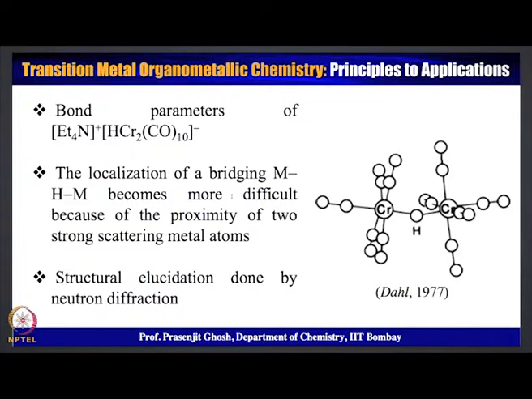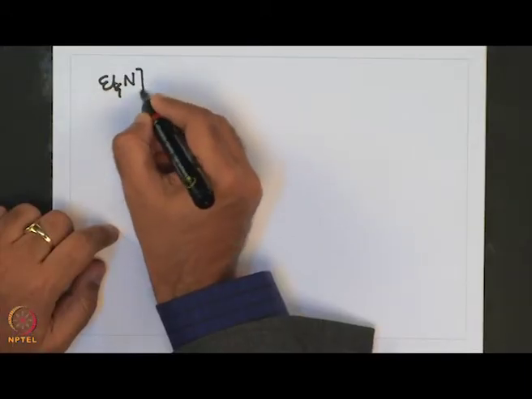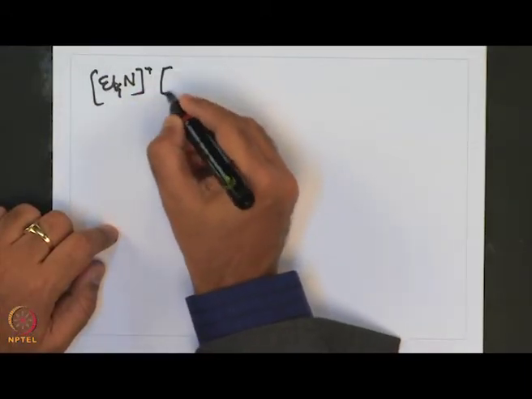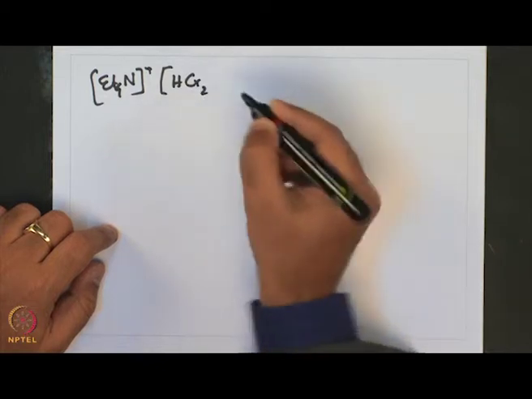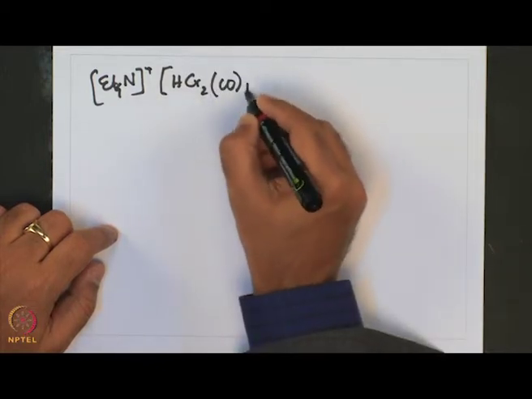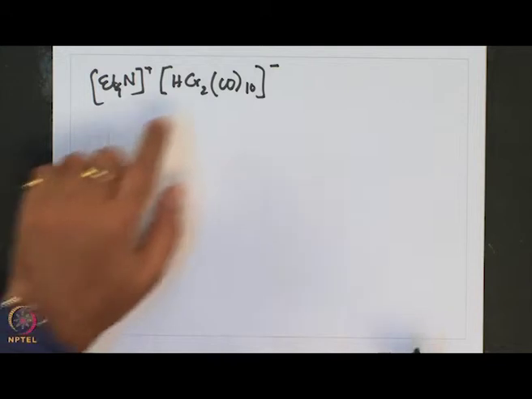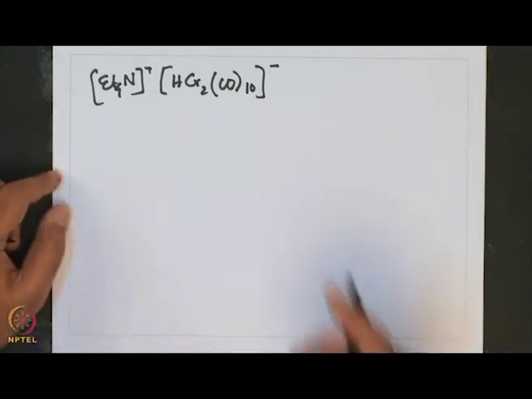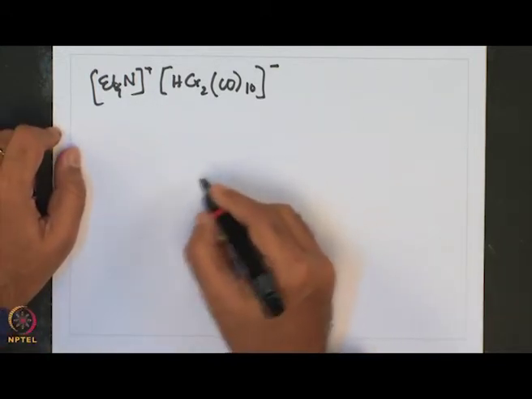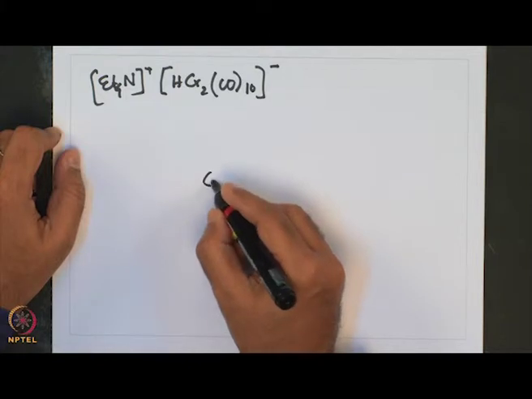Another example of this characterization where there is a bridging hydride has been done in Et4N plus [HCr2(CO)10] minus, where this hydrogen is bridging, and here the structure is as follows.